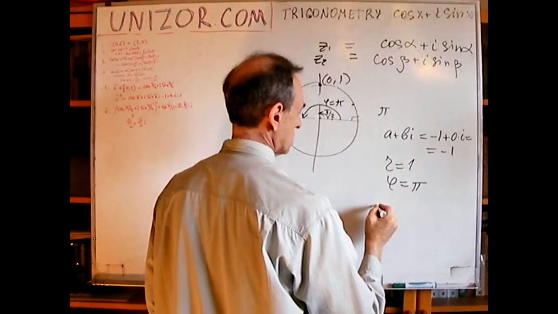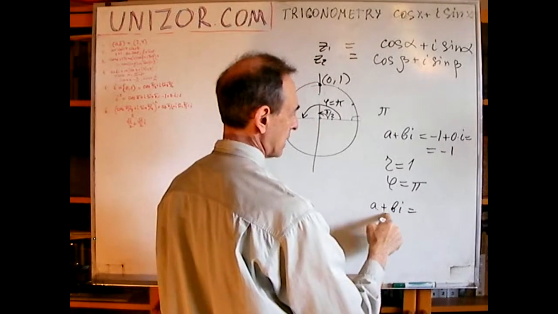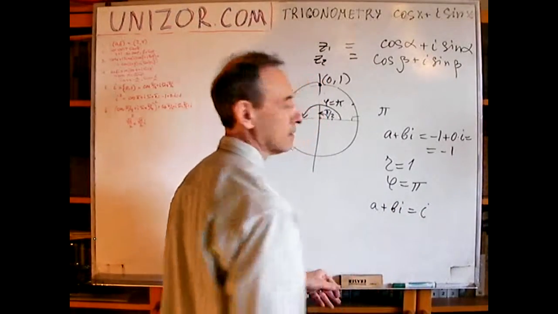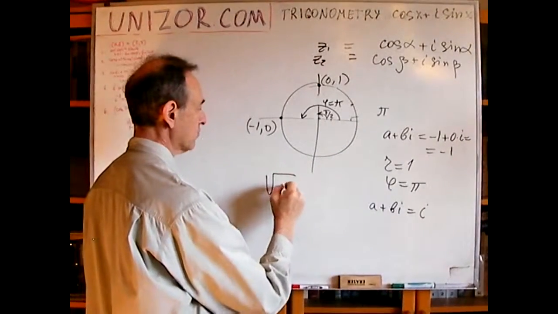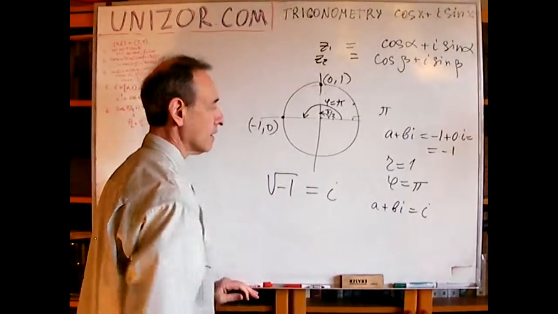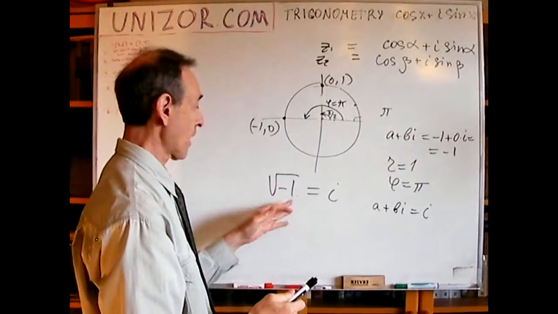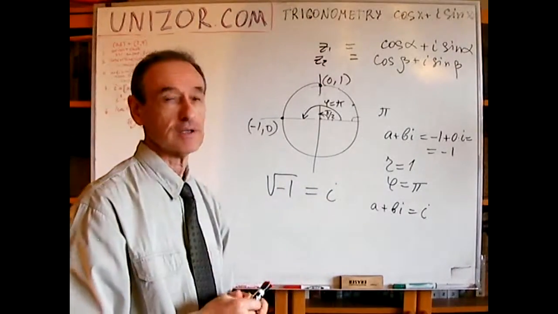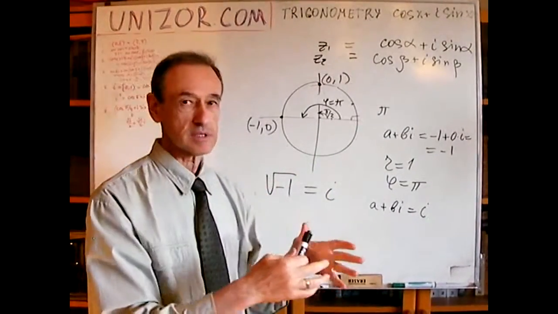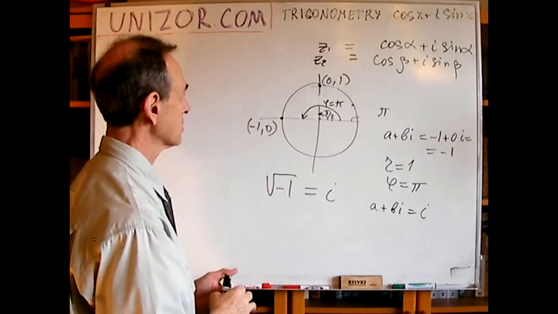Now, 0, 1 is 0 plus 1 times i, that's i. So according to my rules, square root of minus 1 is equal to i, right? Which is actually absolutely correct. That's how we defined i, that i squared is equal to minus 1. So it completely corresponds to the theory we started from, the theory of complex numbers.